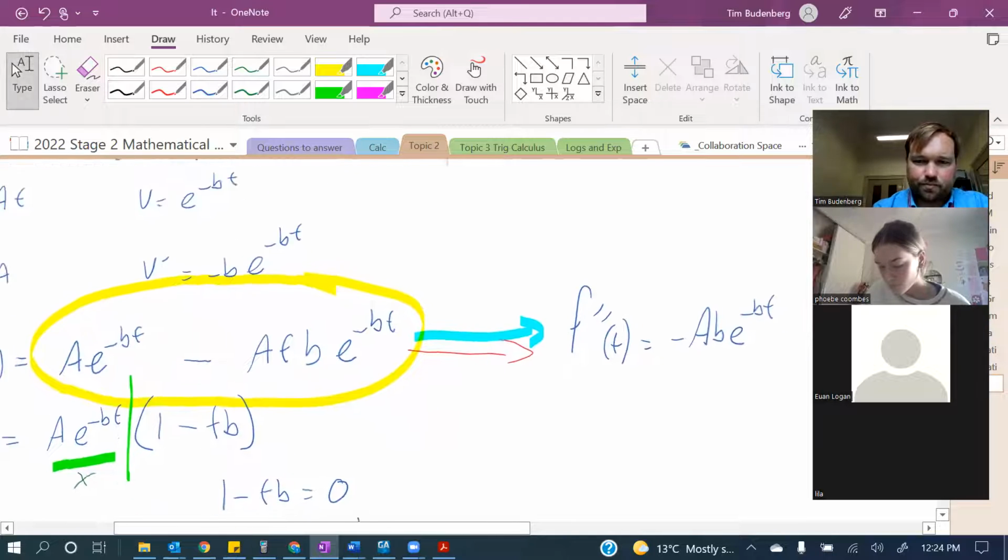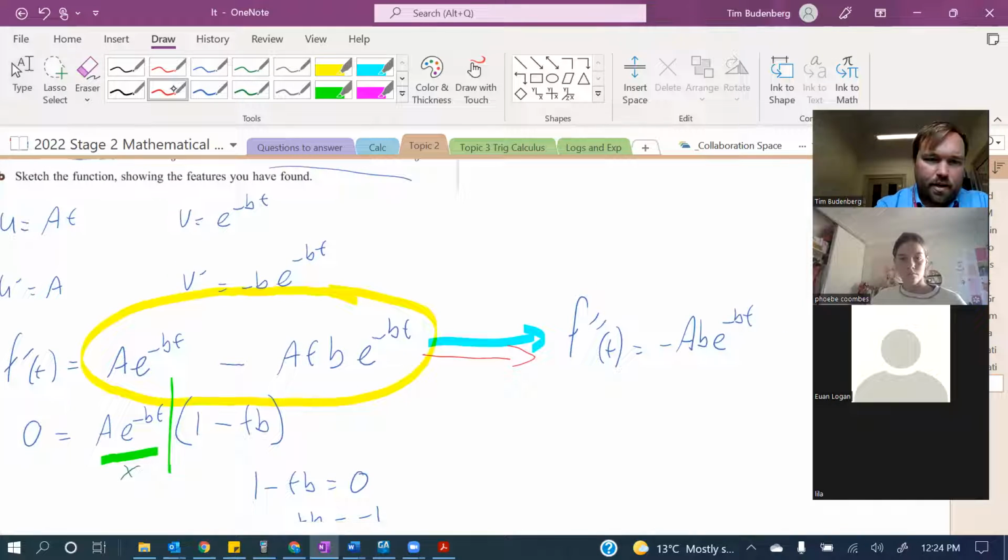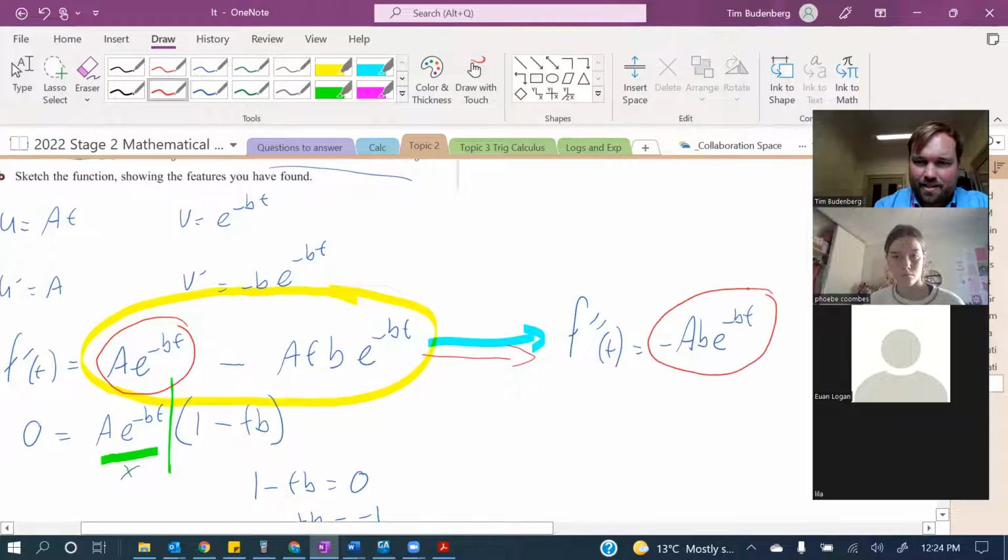Are you happy that that red one differentiates to that? Is that just the chain rule? Yeah, because that minus B is coming out the front. The derivative of minus BT is just minus B, so it comes out the front.